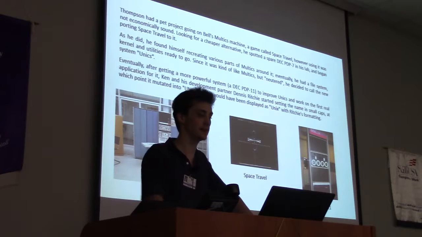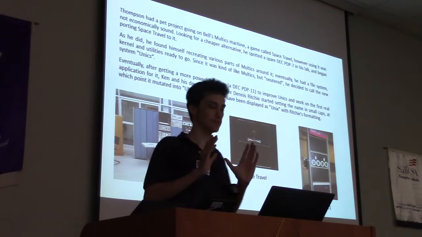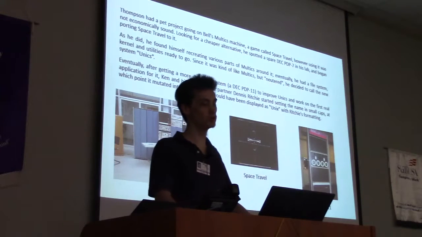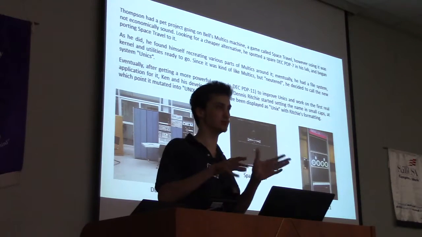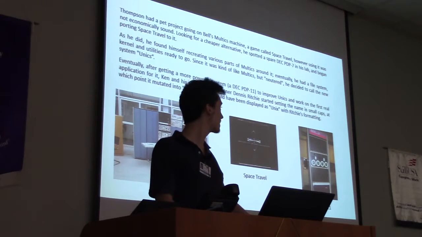Eventually, after getting a more powerful machine, the one on the right, the DEC PDP-11, he began working on the real applications for it, and Ken and Dennis Ritchie started setting the name in all caps, at which point it mutated into Unix, which would have been displayed in title case with a capital U and lowercase nix, Ritchie's formatting.